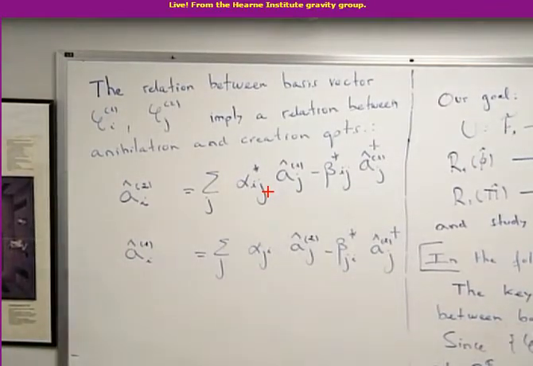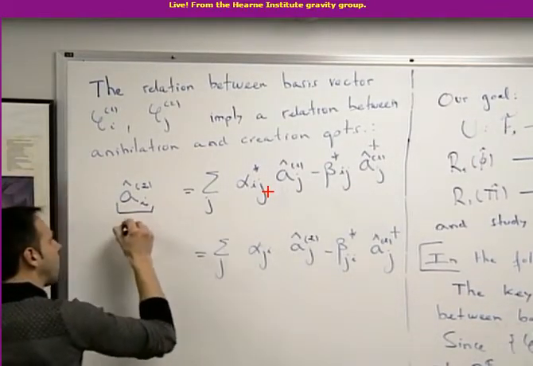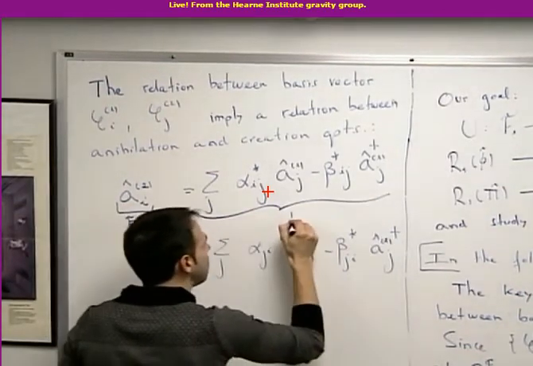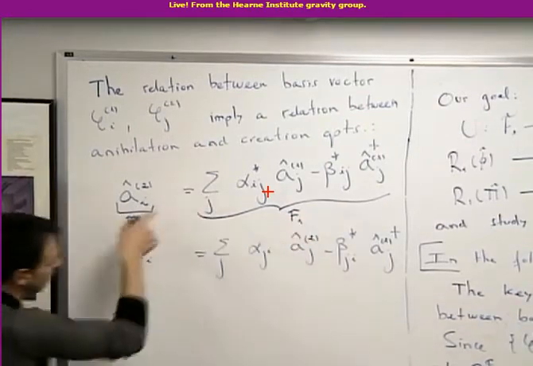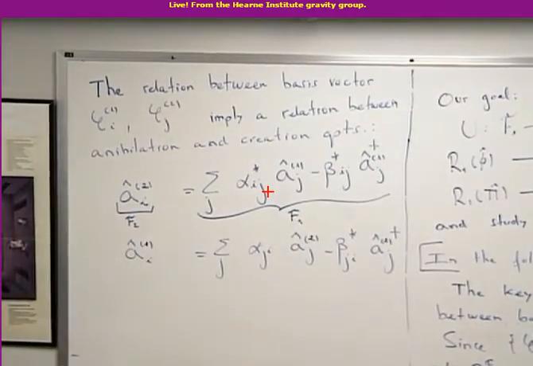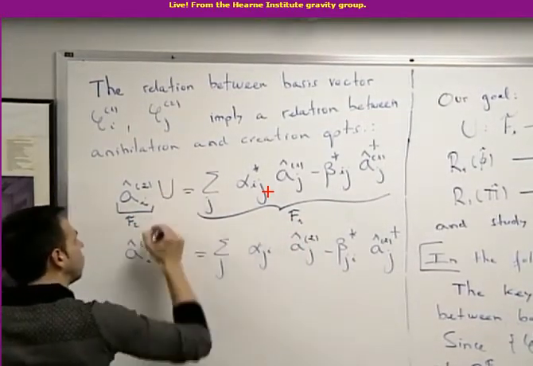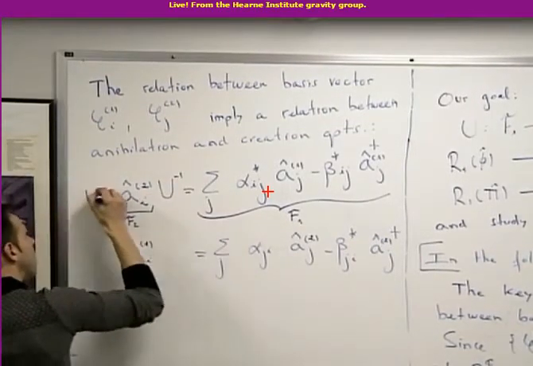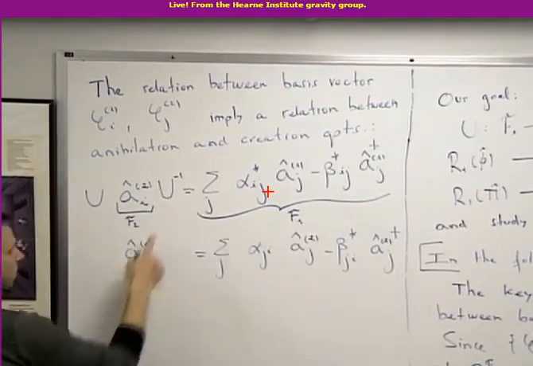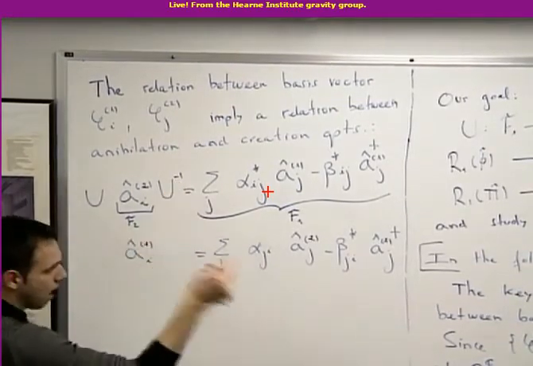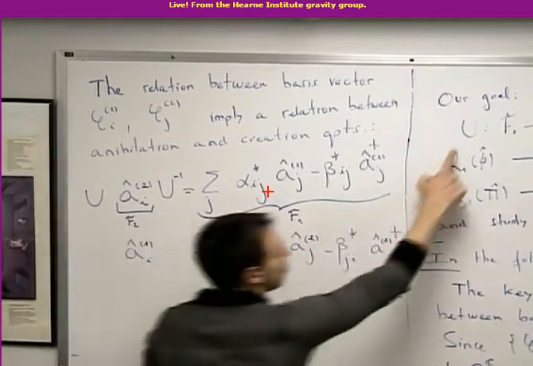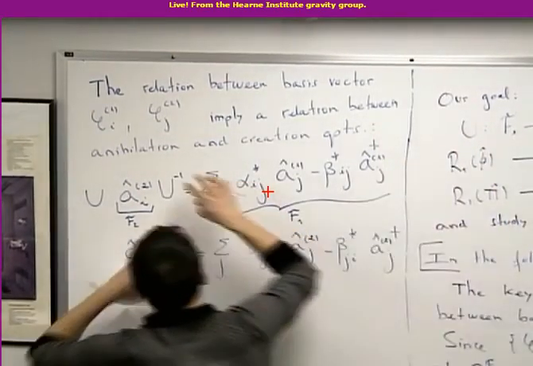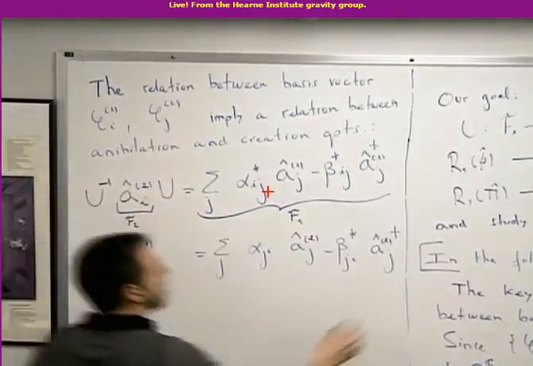And what I was saying is that this is an operator on the Fock space F2 and this is an operator on the Fock space F1, so it is not really consistent to equate them. Where I need to go is to write this. U goes from 1 to 2, so U minus 1 takes an element from here to here.